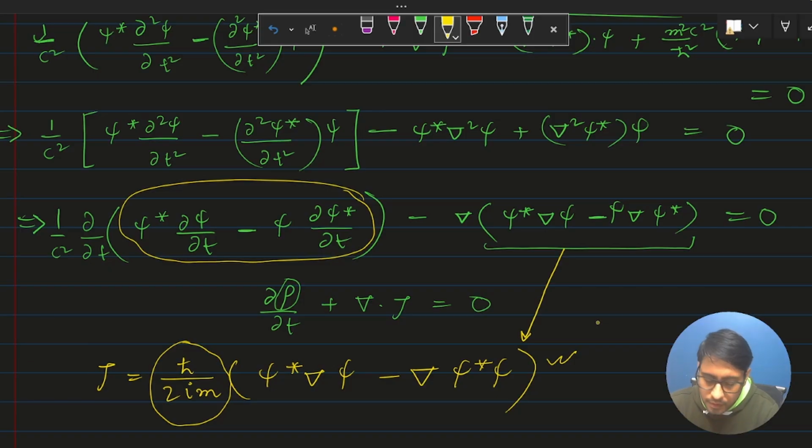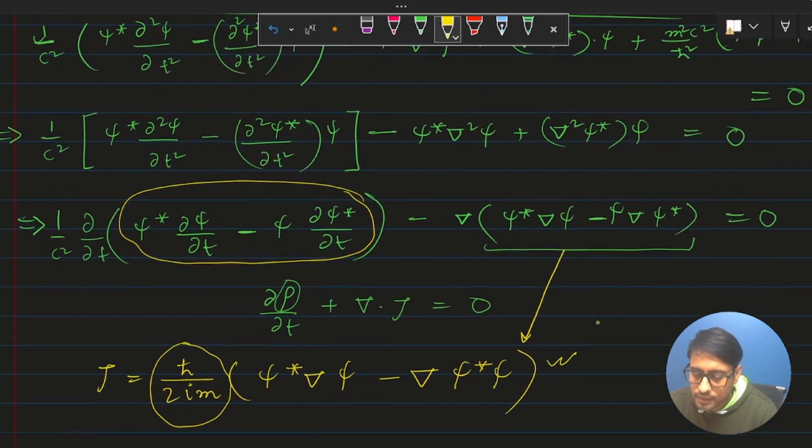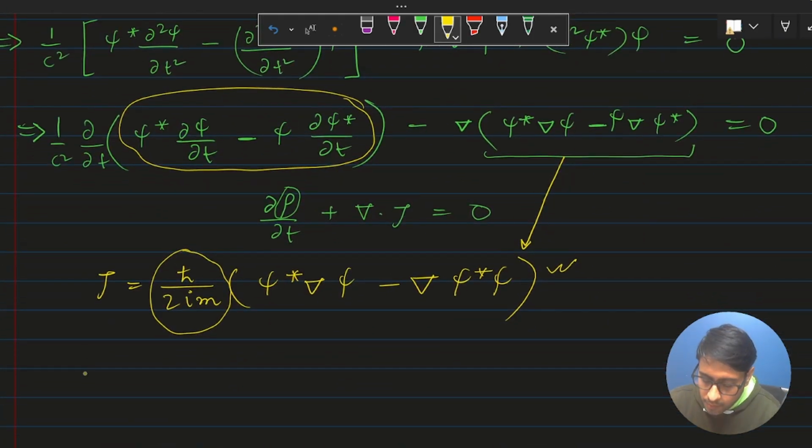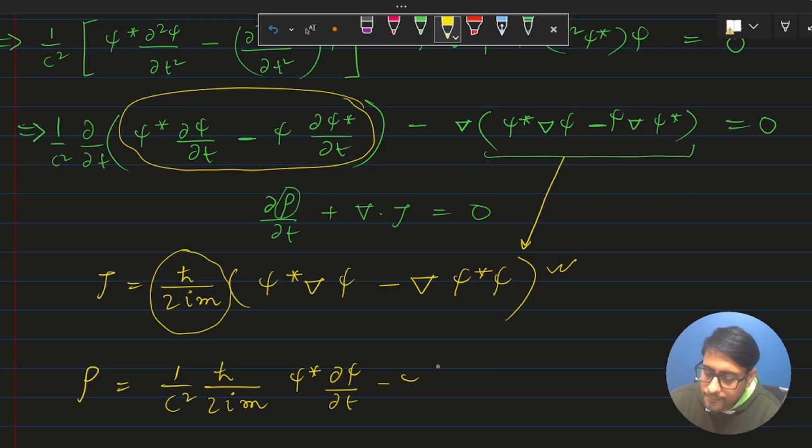Then what will be the value of rho? In that case, the value of rho will become 1 over c square multiplied by h bar over 2im, multiplied with this whole term: psi asterisk del psi over del t minus psi del psi asterisk over del t.